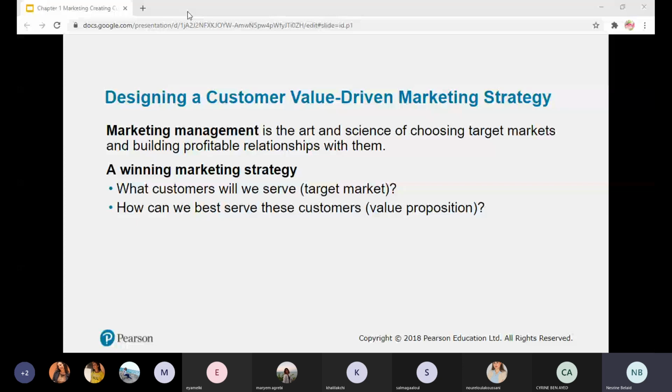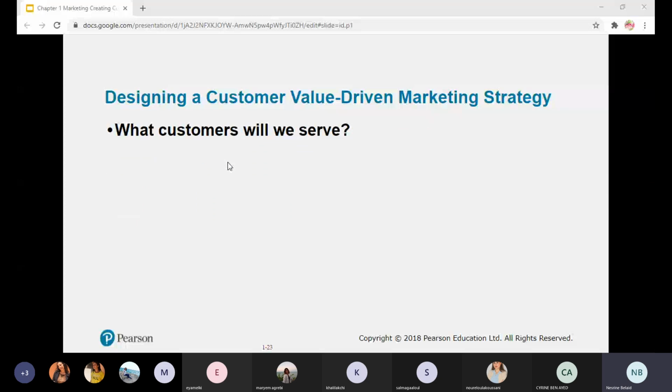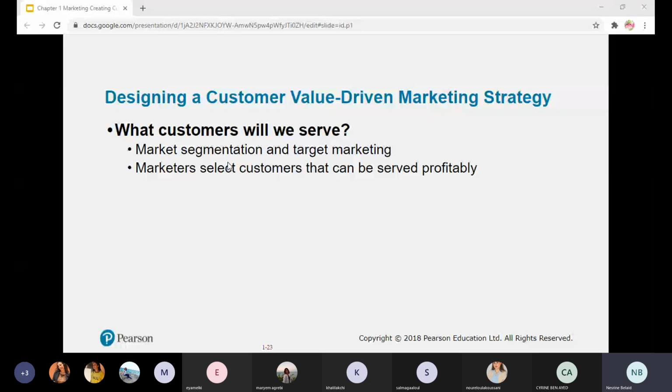A winning marketing strategy answers what customers we serve, the target market, and how we can best serve these customers, the value proposition, the value that we will offer to our customers. To answer the question of what customers we will serve, the first thing we need to do is segment the market, what we call market segmentation.